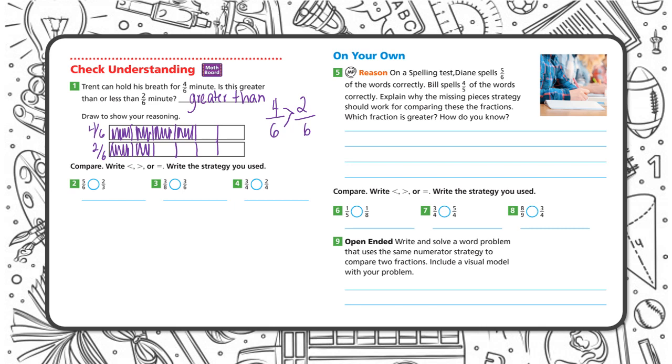Compare, write less than, greater than, or equal to. Write the strategy that you used. Okay, well, let's take a look. Number 2, 5/6 and 2/3. Well, the numerators are not the same. The denominators are not the same. But I do notice that they're each missing one piece. So I'm going to use missing piece.